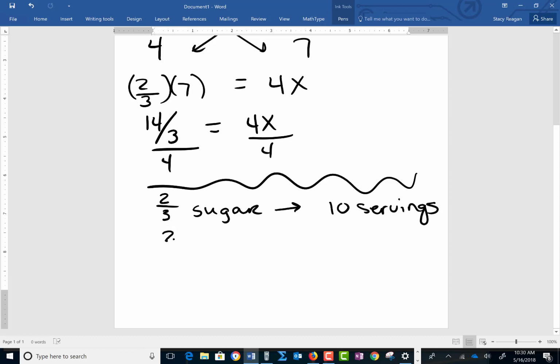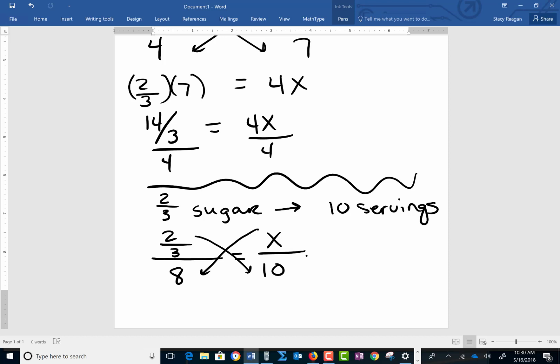So you would say something like 2/3 of a cup of sugar is for 8 servings, as how much sugar is for 10 servings. And you would have a proportion, and you would take your calculator and do your 2/3 times 10. And on my calculator, that would give me 20 over 3.